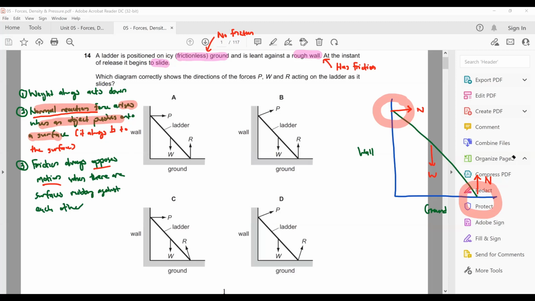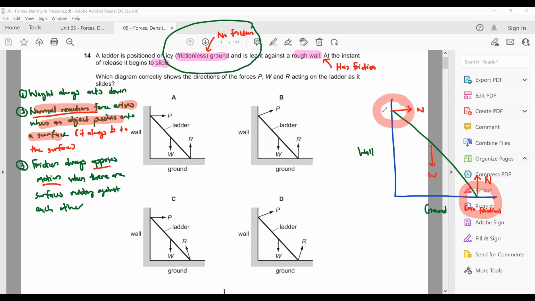So they, by right, should be friction. Okay, but if you look at the question carefully, they really told you that the ground itself is icy, is frictionless. So this one I know that there is no friction.